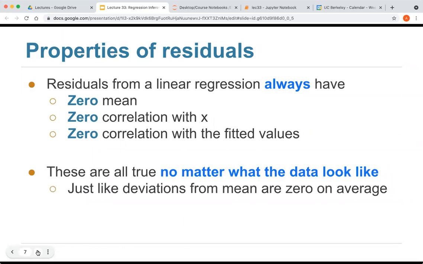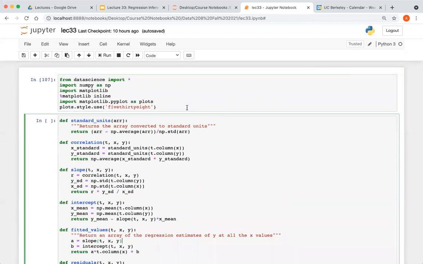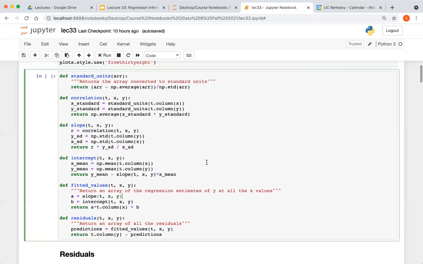And so let's take a look in a notebook. This is the notebook that you have. Run your import cell, and now I want to go over all of these functions that were defined over the last few lectures. Standard units takes an array and returns the array converted to standard units.